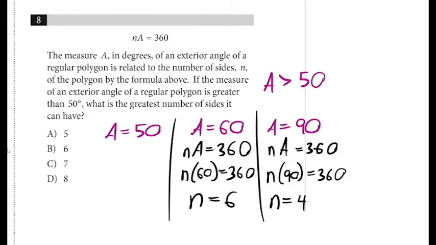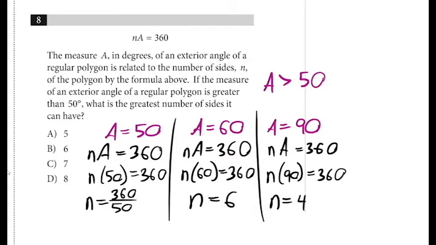Now we can do it for the 50, a little tougher here because it's not divisible in a nice way, but we can still do it quite easily. n times A equals 360 again, plug in A equals 50, and then divide both sides by 50, and we'll get n equals 360 divided by 50. Simplify by dividing both sides by 10, and we'll have 36 over 5. Turning that into a mixed number, 36 over 5 is the same as 7 and 1/5.